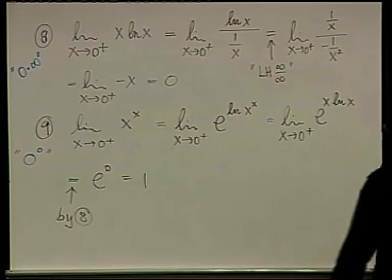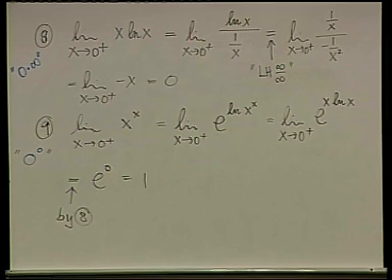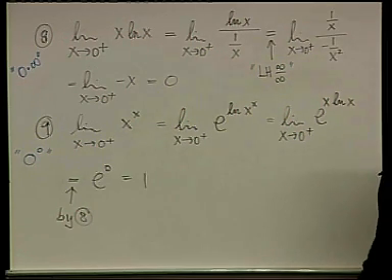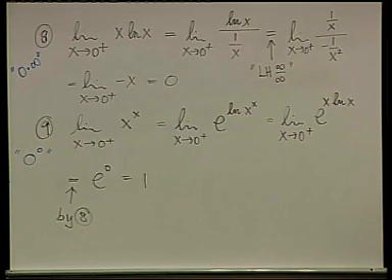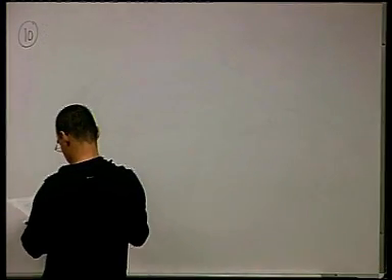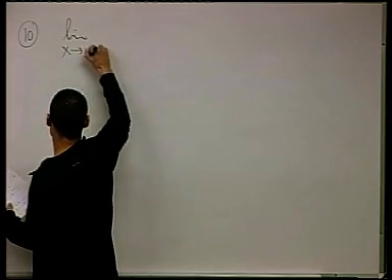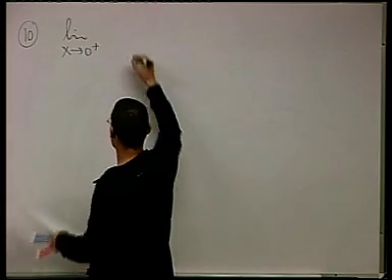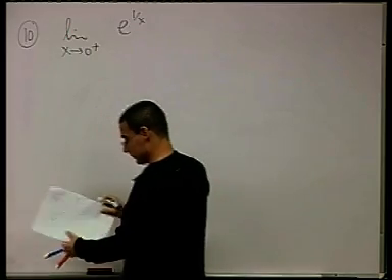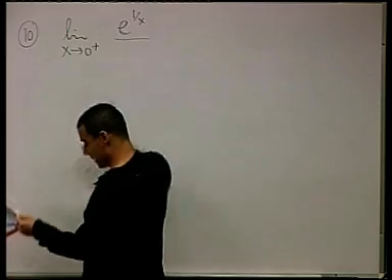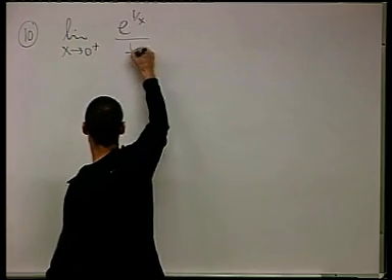Okay. Example number 10. Let's look at the limit as x goes to 0 plus of e to the 1 over x divided by 1 over x.